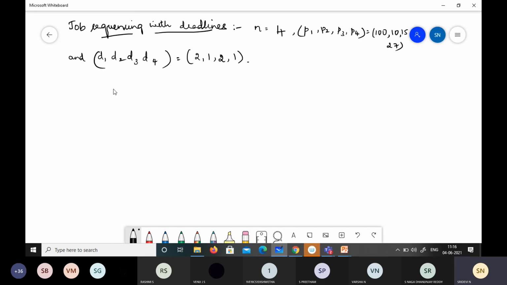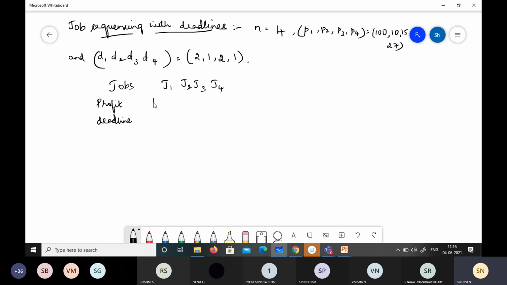Let's write this down first in this form: jobs J1, J2, J3, J4, and the profit and the deadline.